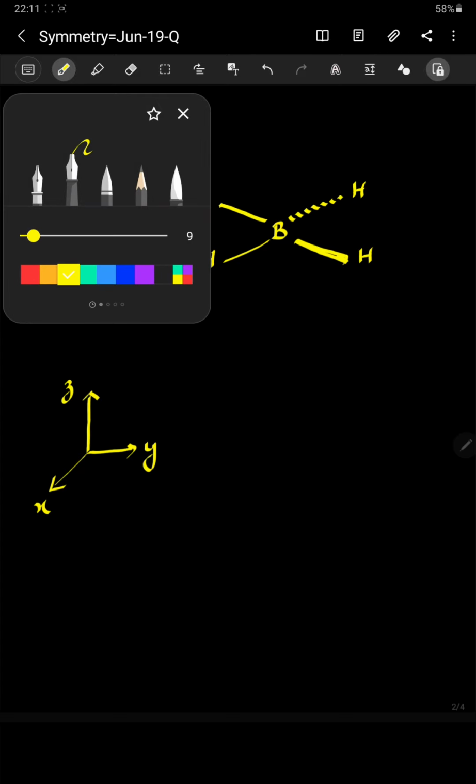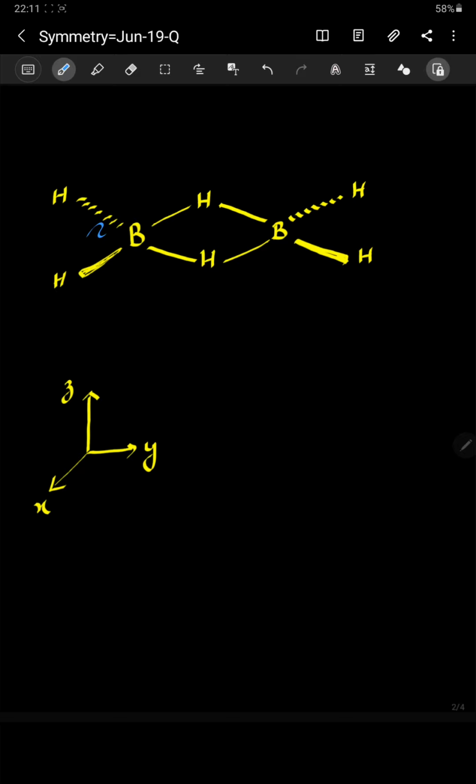Now let us begin with the rotational axes. There is a C2 rotational axis that passes only through the borons. This is one C2.